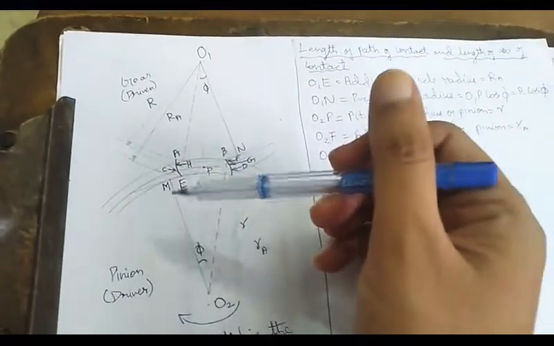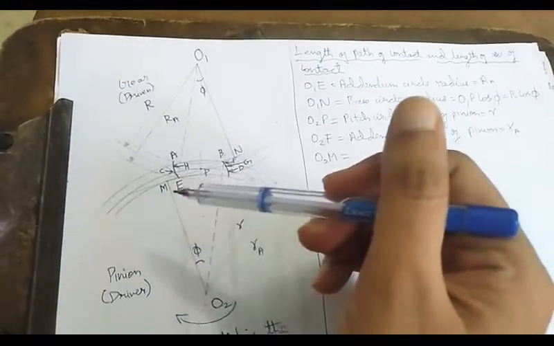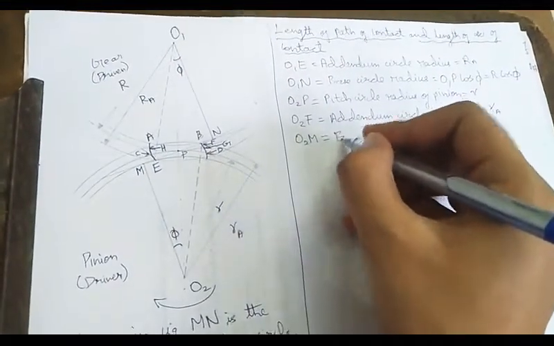Next, O2M is the base circle radius of the pinion.